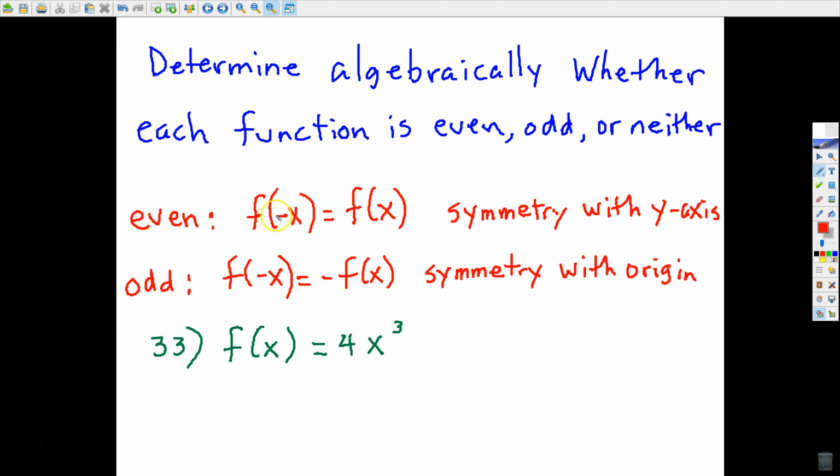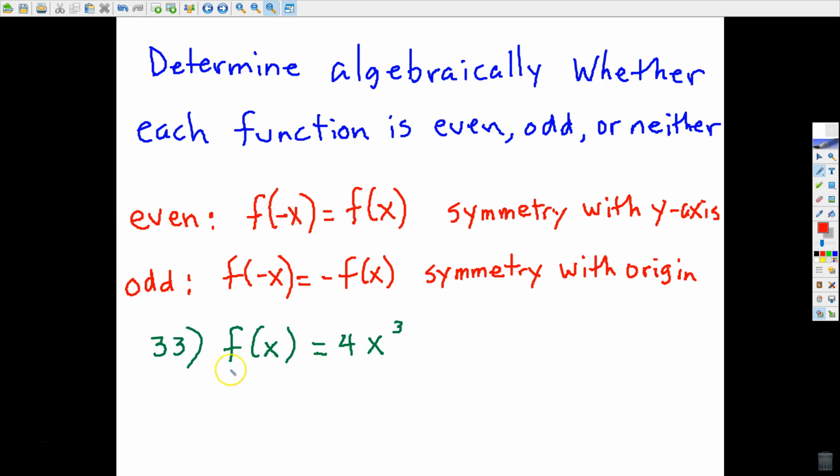If you can substitute negative x in place of x, that's what this is saying, and you get the original function as a result, then you're going to have y-axis symmetry, which means it's going to be an even function. If you substitute negative x and it changes it to the opposite function, the opposite of the original, then you're going to have symmetry with the origin, which means you're going to have an odd function.